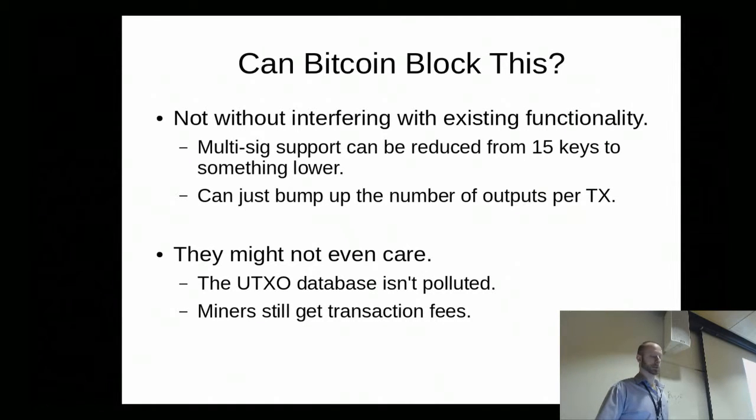And this system doesn't result in that, so I'm thinking they probably don't even care. On top of that, the miners still get transaction fees, so it's not like you're abusing the network in any way. The miners are still getting rewarded for this data that you're giving them, so I'm thinking they might not even care.